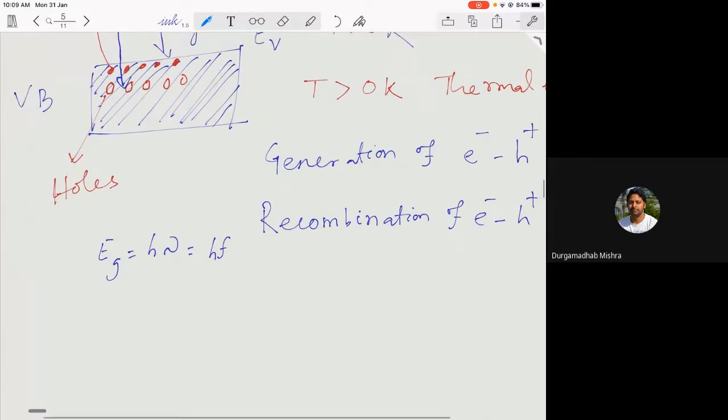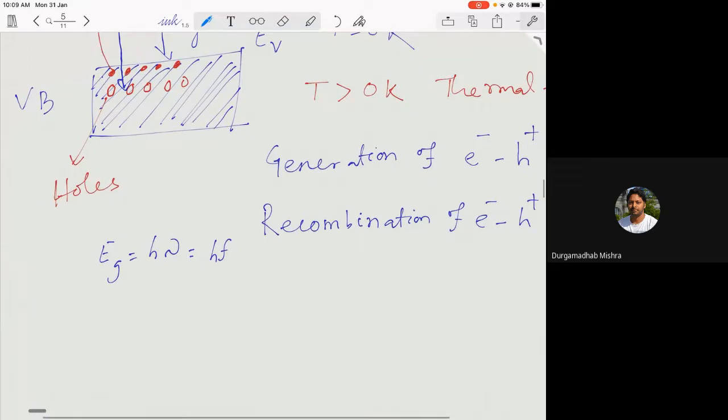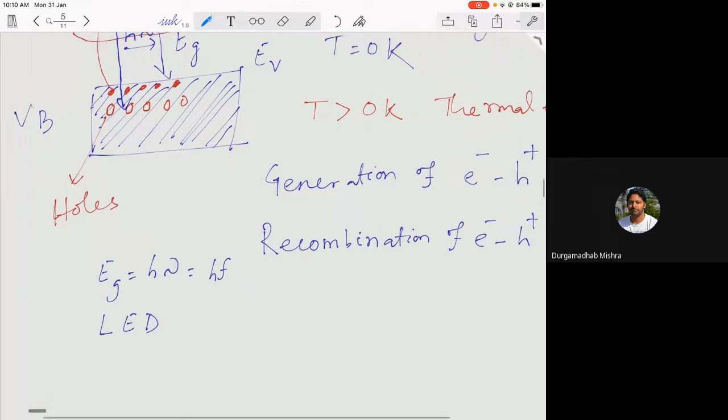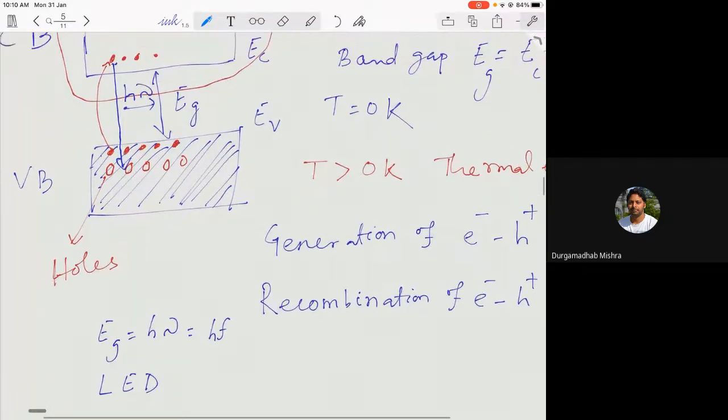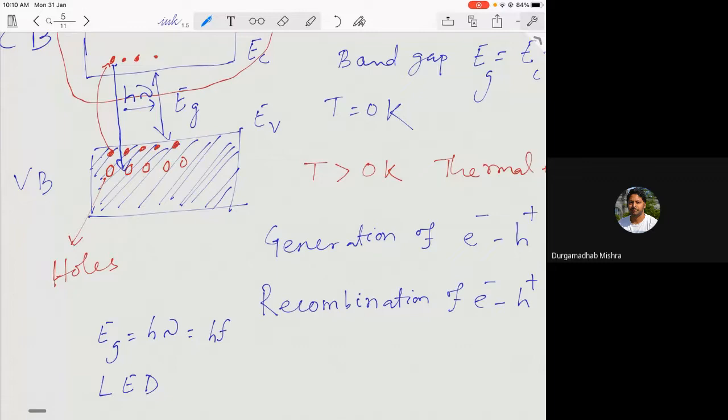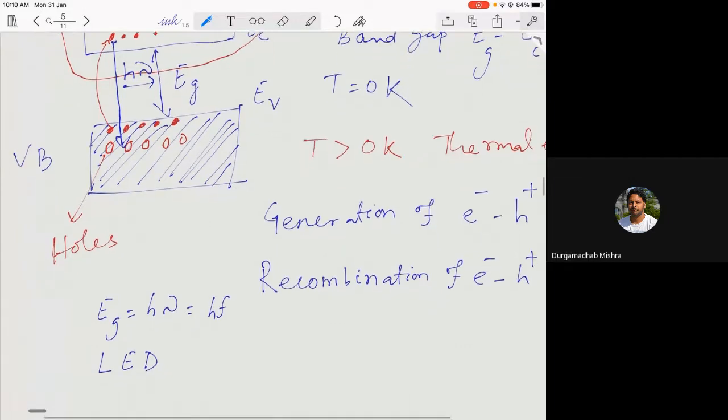If you take an LED, a light emitting diode, for example, a recombination process happens where a photon will be generated.